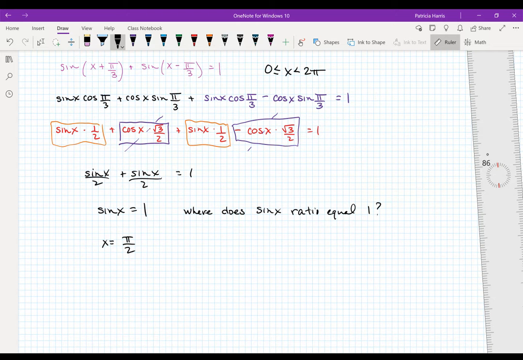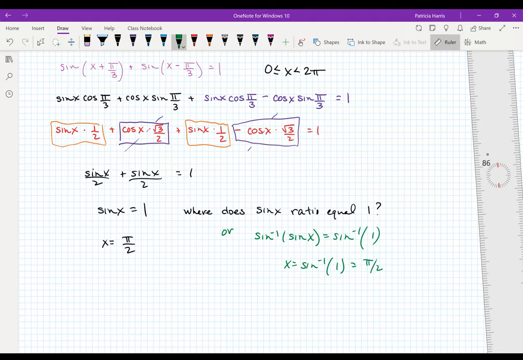Or if you use sine inverse, which you can totally do, it's going to look like this. You have to be careful with using the inverses, especially on a calculator.